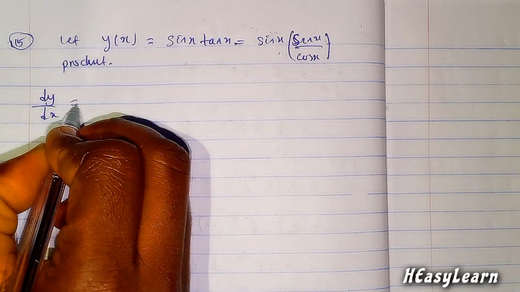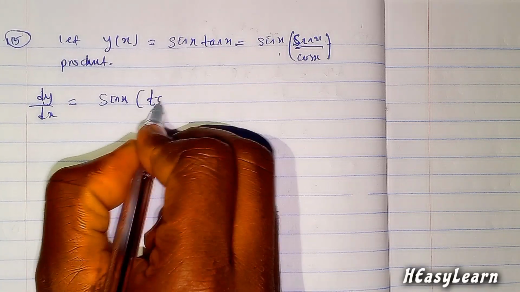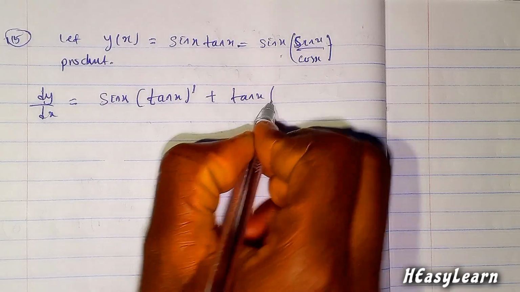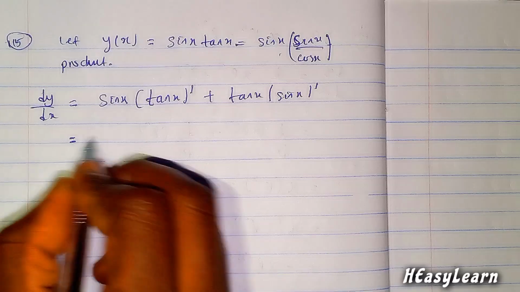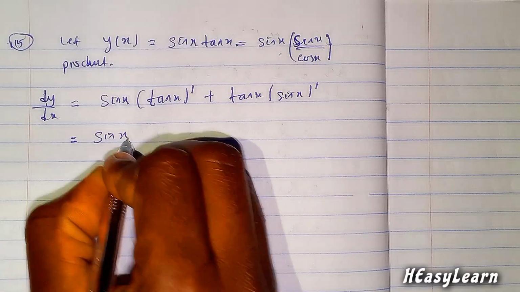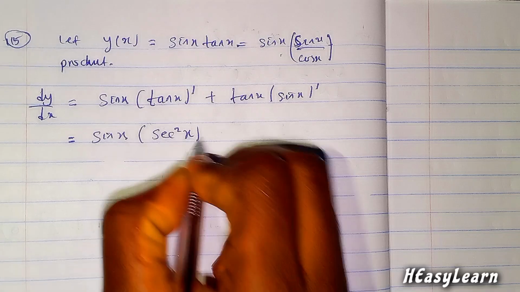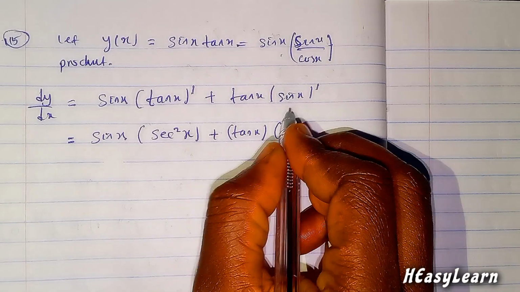the derivative of this function is equal to keep the first, differentiate the second, plus keep the second and differentiate the first. This is equal to sin x. What is the differential of tan x? From the previous video, it is sec squared x. What is the differentiation of sin x?